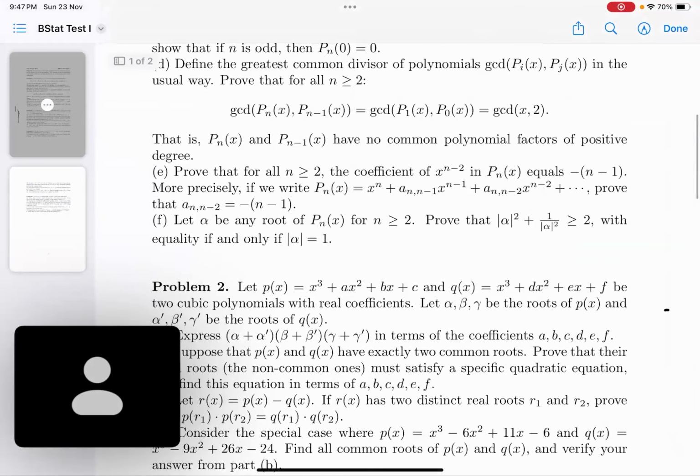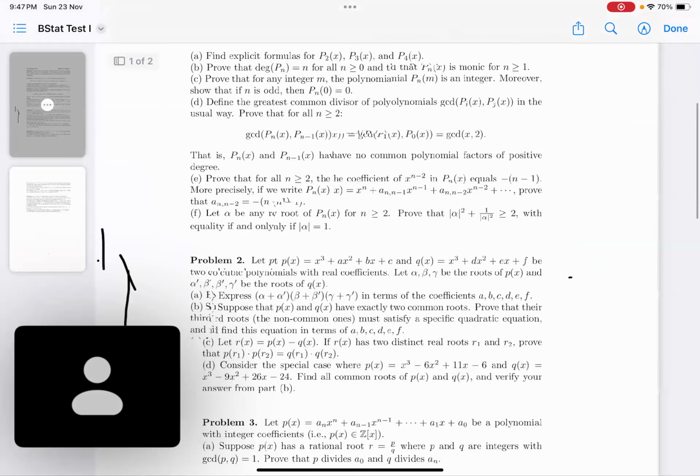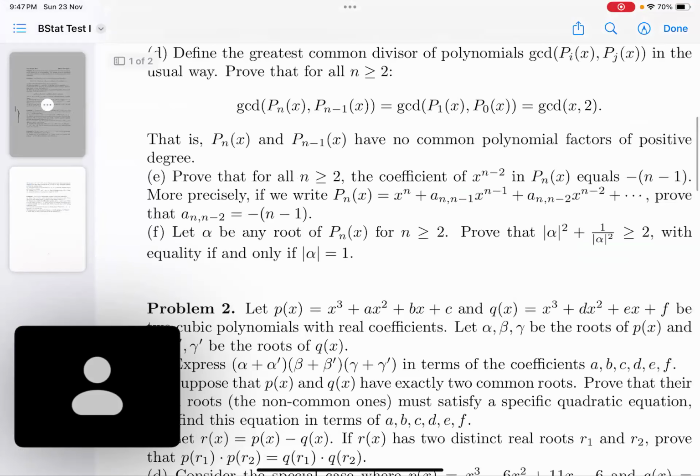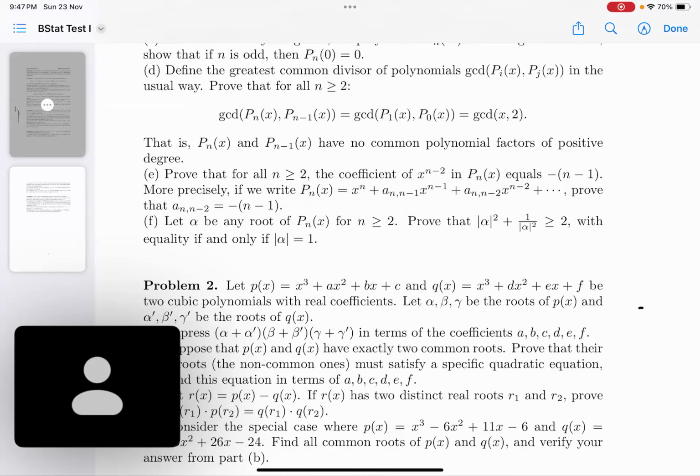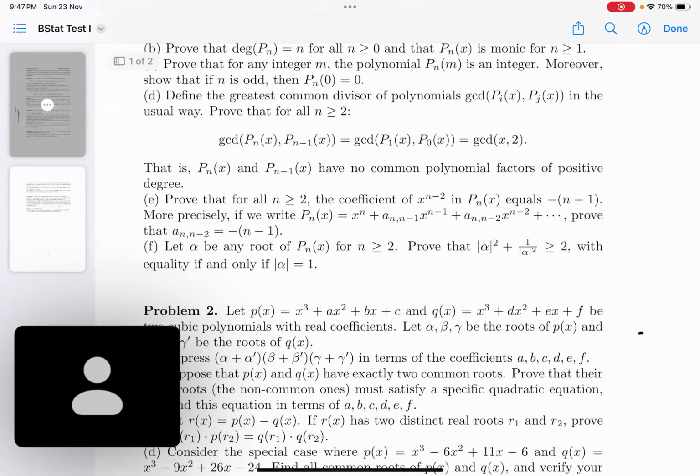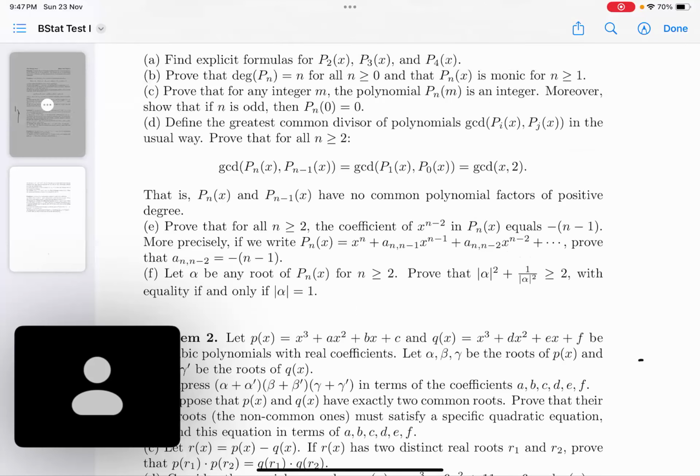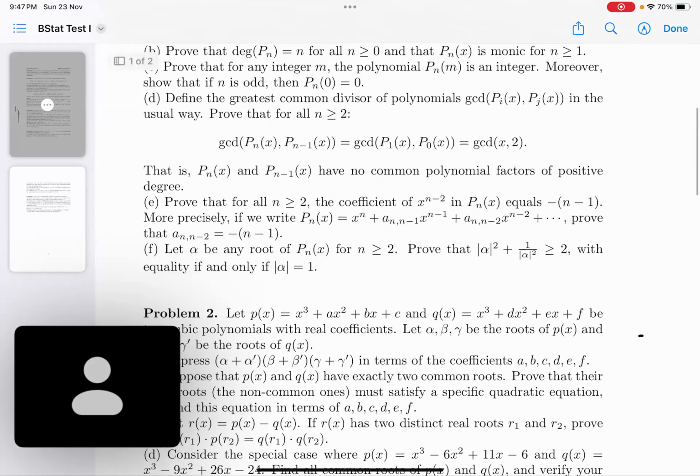So what does it say? Prove that for all n greater than or equal to 2, the coefficient of x to the power n minus 2 in P_n(x) equals minus of n minus 1. Were you able to prove up to A, B, C, D?